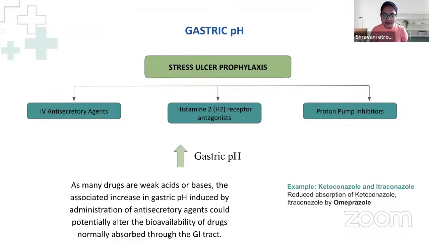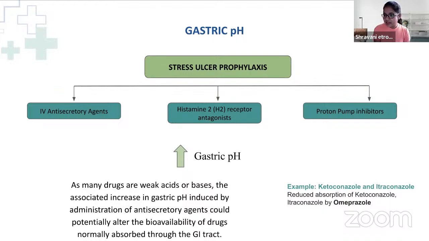And next comes the gastric pH. In ICUs, we see that patients will be on proton pump inhibitors, H2 receptor antagonists, and IV antisecretory agents given for stress ulcer prophylaxis. But this will increase the gastric pH, and many of the drugs which are given orally are either weak acids or weak bases.